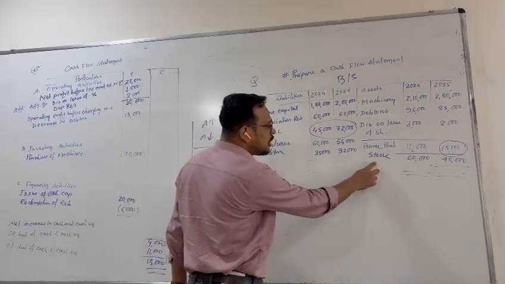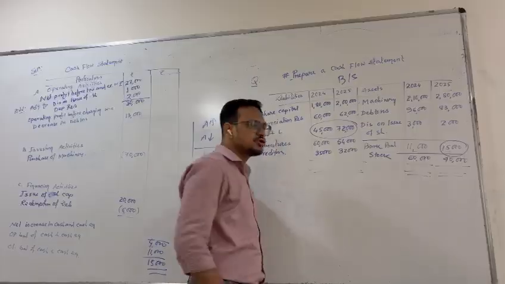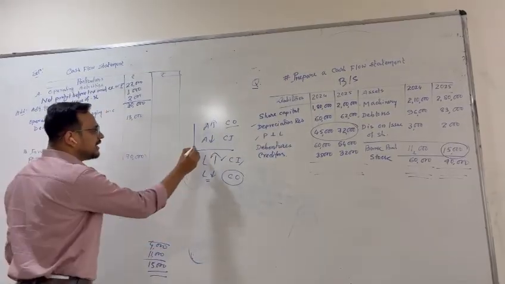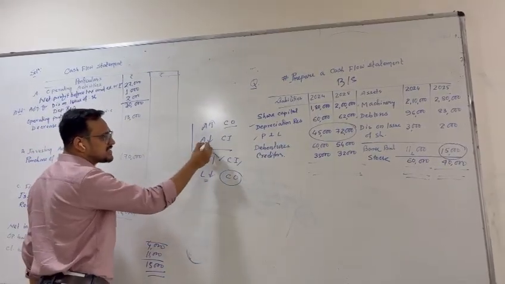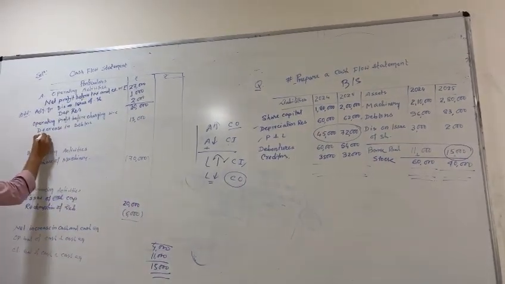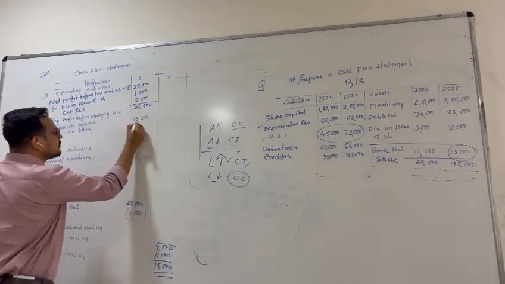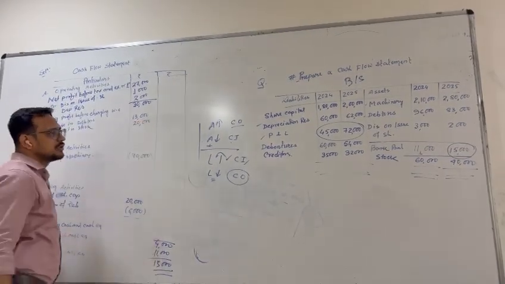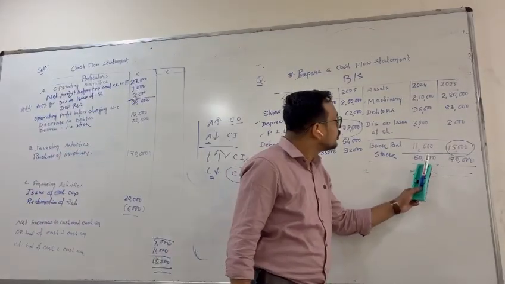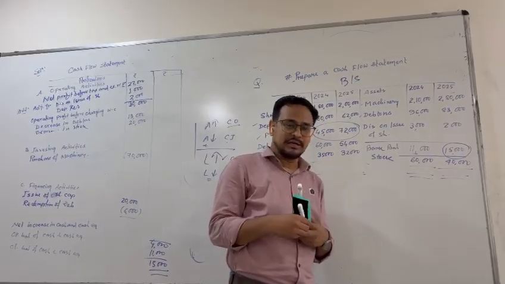So see, stock, your asset side, 60,000 to 40,000. Stock decreases. Tell me, if your asset decreases, it is inflow, plus. So what do we write? Decrease in stock. How much? 20,000. Because 60 to 40 means 20,000 inflow.